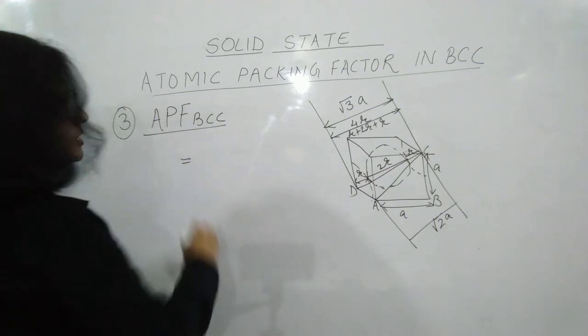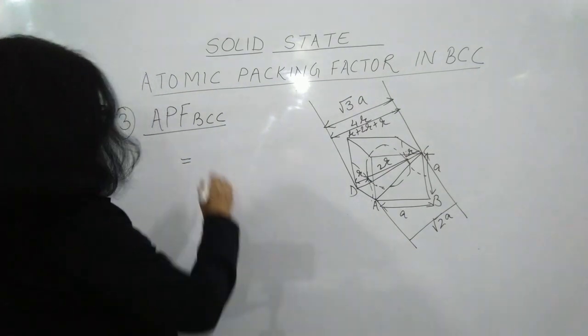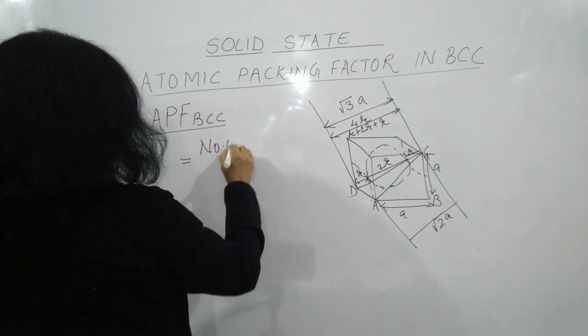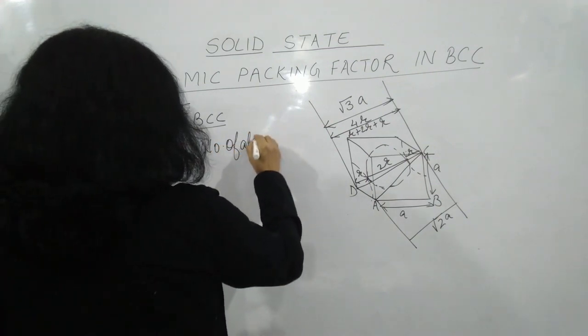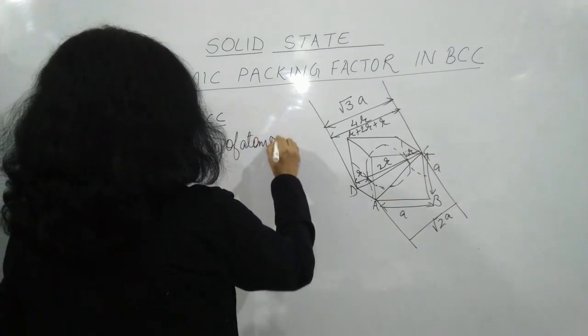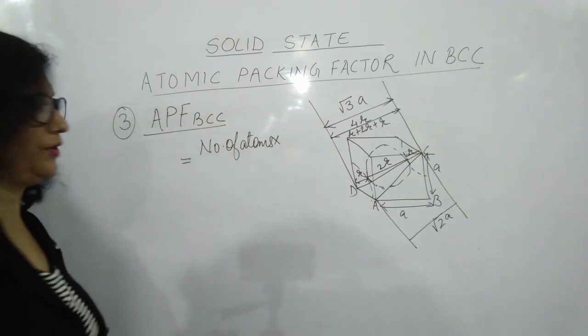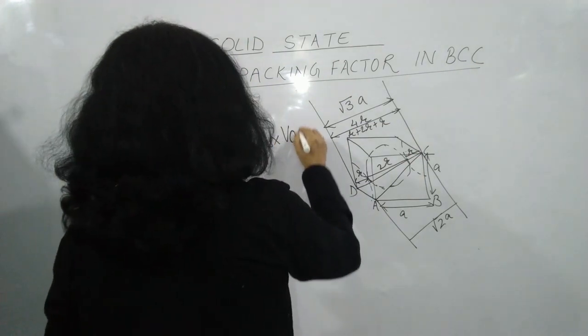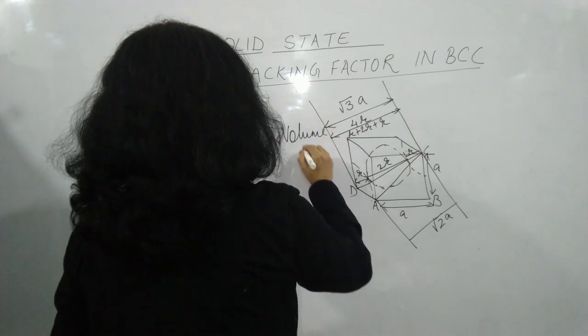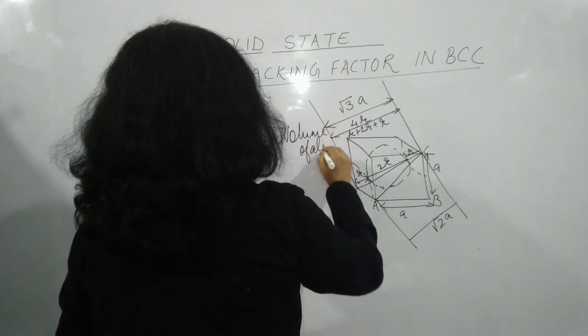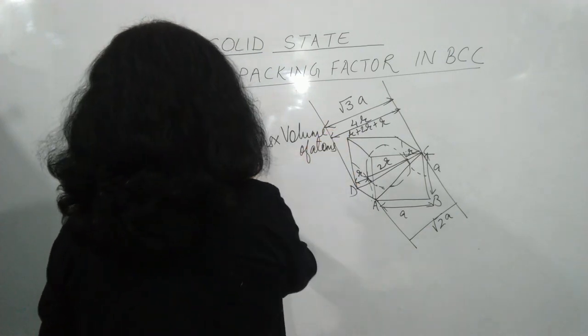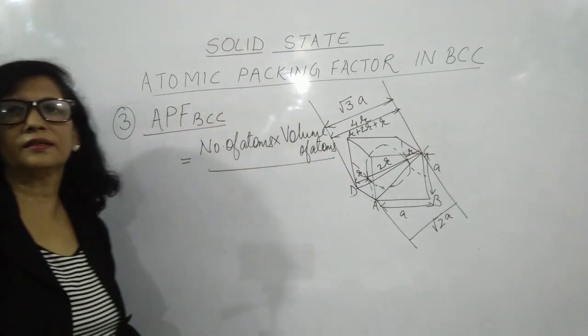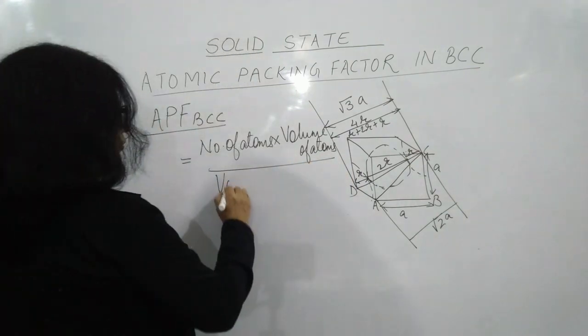The formula is equal to number of atoms multiplied by volume of atom, divided by volume of unit cell.